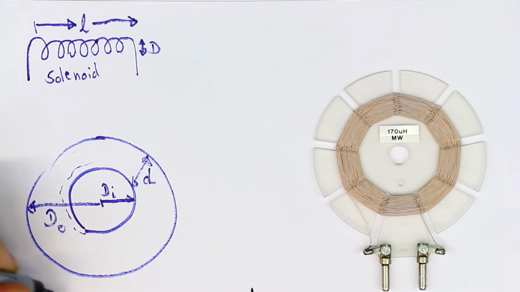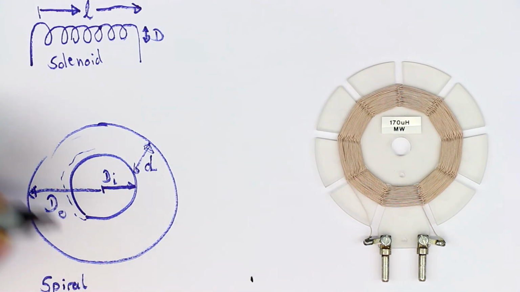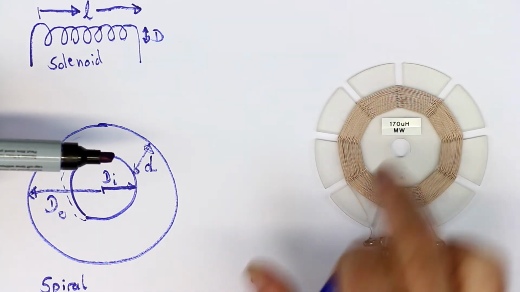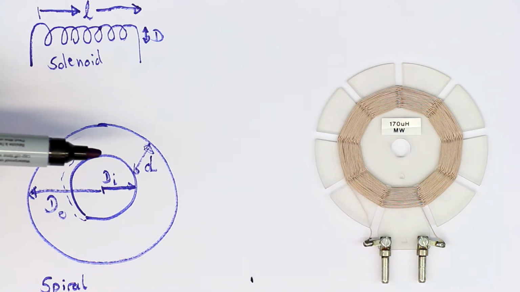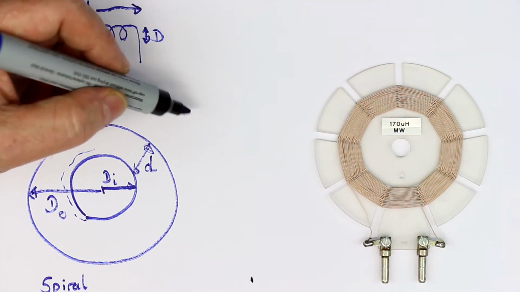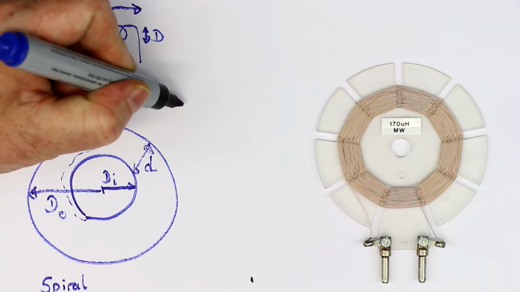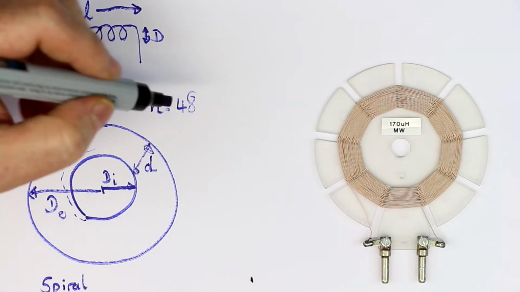And let's see how we can deal with that in our spreadsheet. I'll give you the data for this medium wave coil. You can already read the inductance, 170 microhenries. And here I just have to look it up. First of all, the number of turns is 48.